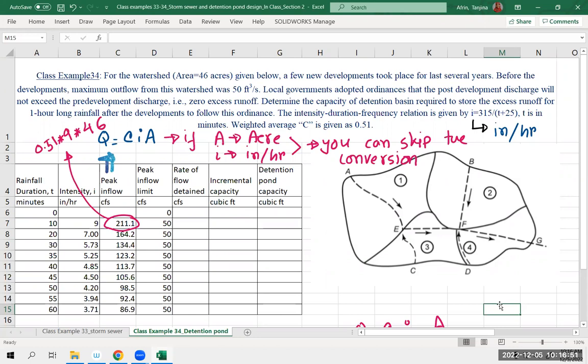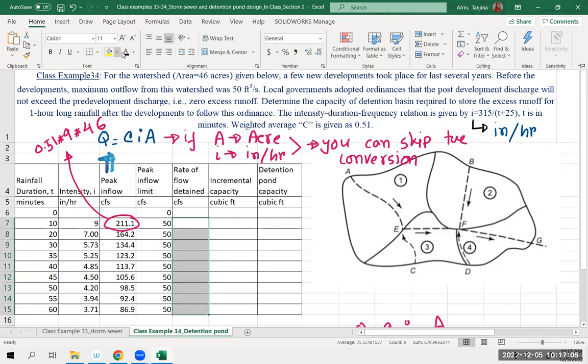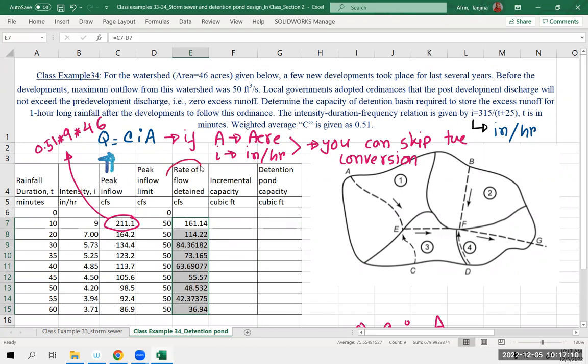So the next column, rate of flow detained, like what amount of flow you need to detain, what will be that one? How can you find out that? Exactly, exactly. That's what you will do. So this one will be rate of flow detained.